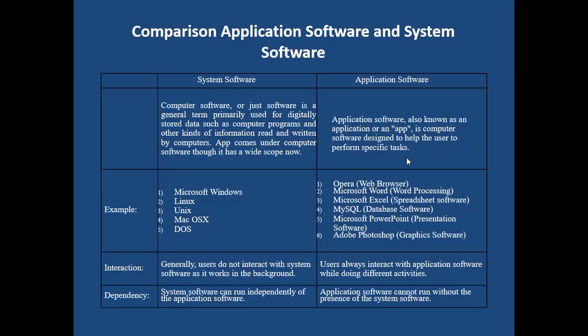And application software, users always interact with while doing different activities. Let's talk about dependence. System software can run independently of the application software, whereas application software cannot work without the system software.